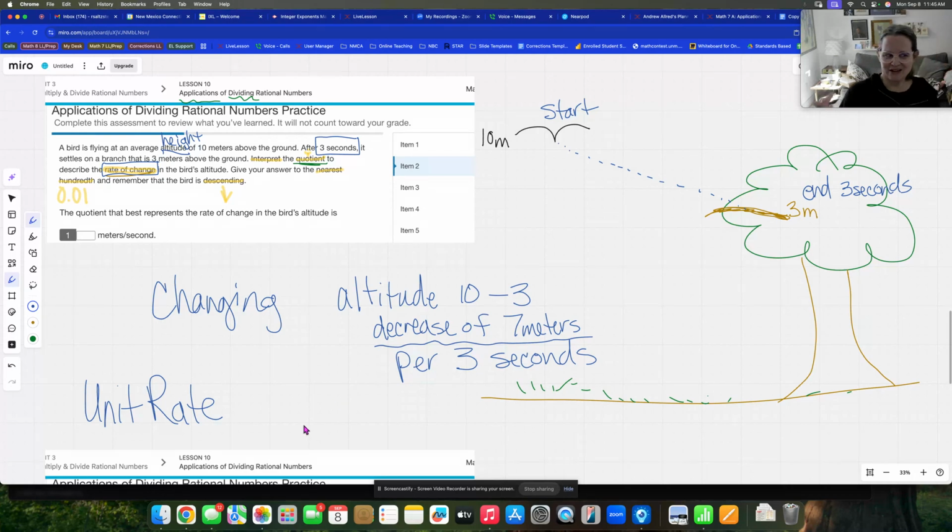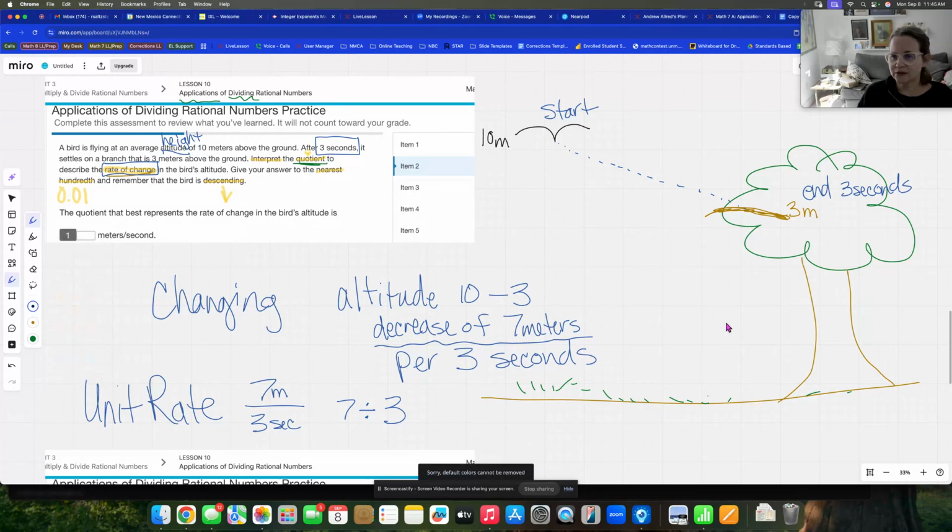You tell them I went 20 miles per hour. So we want the unit rate. We've got 7 meters per 3 seconds. So what I'm going to do here is 7 divided by 3. Let me rock a little long division over here.